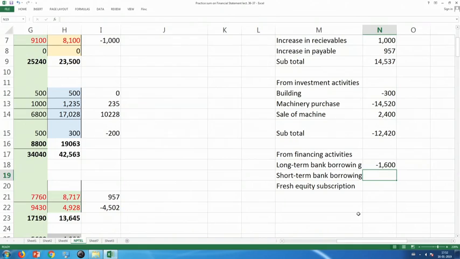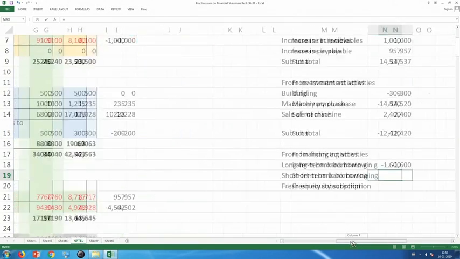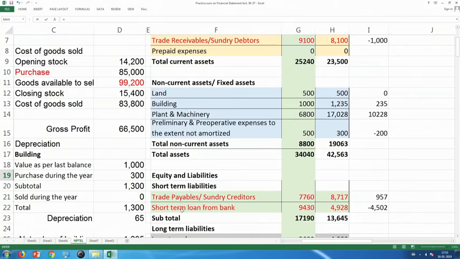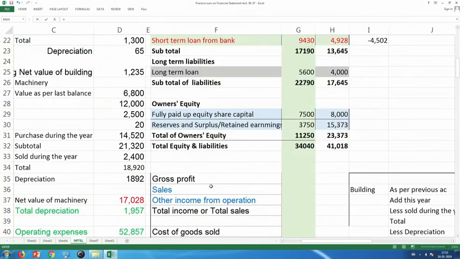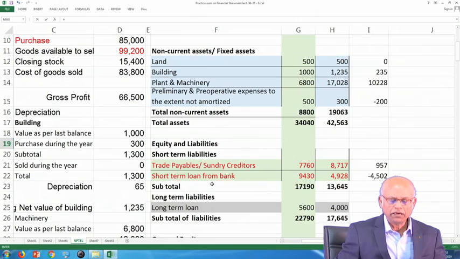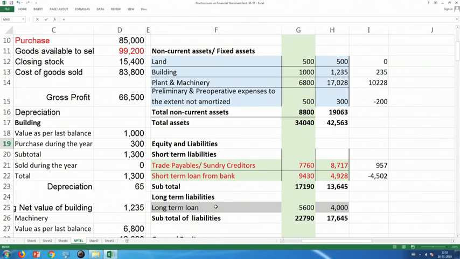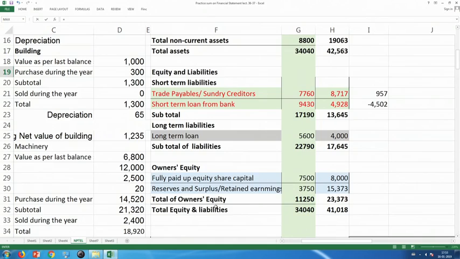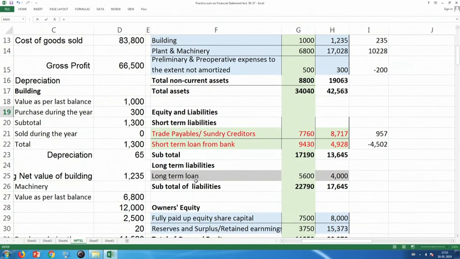Short term bank loan is to be picked up from the balance sheet. So, this should be whatever was the balance in the previous year. Here on the liability side, you see the short term bank loan.